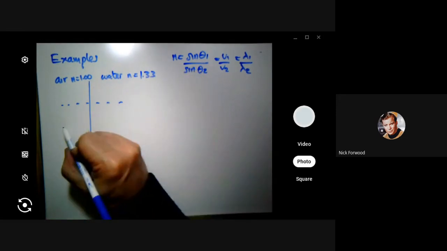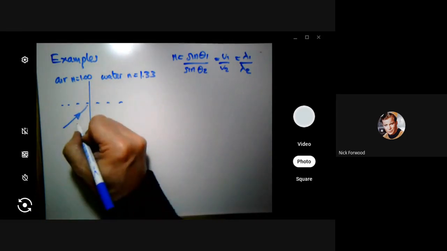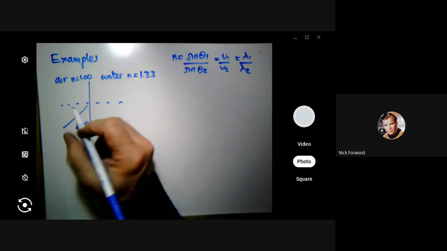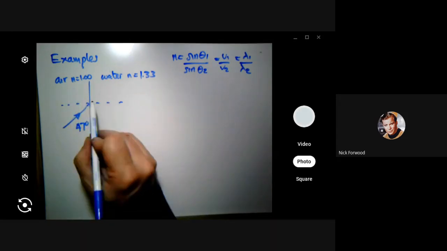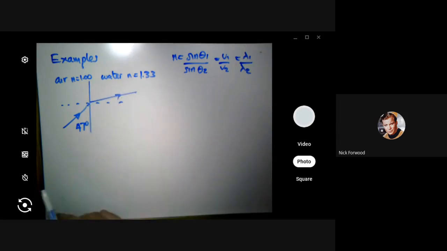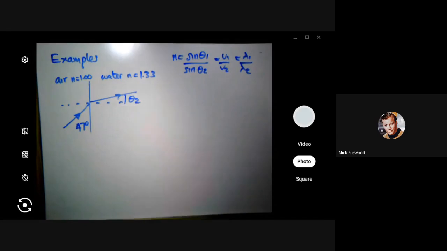Beam of light here, coming in, 47 degrees here. And we know that when it goes from air into water, it slows down, bends towards the normal. So it goes off like that somewhere. And this angle here is theta 2.